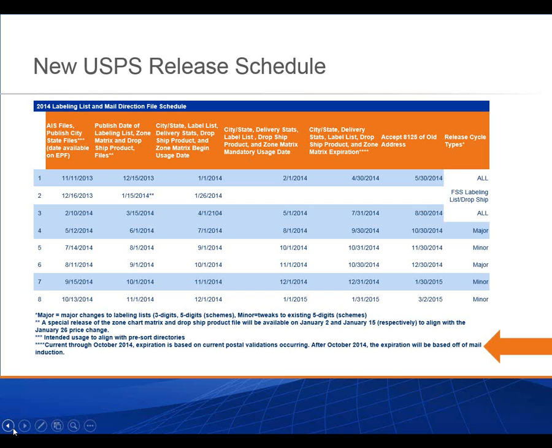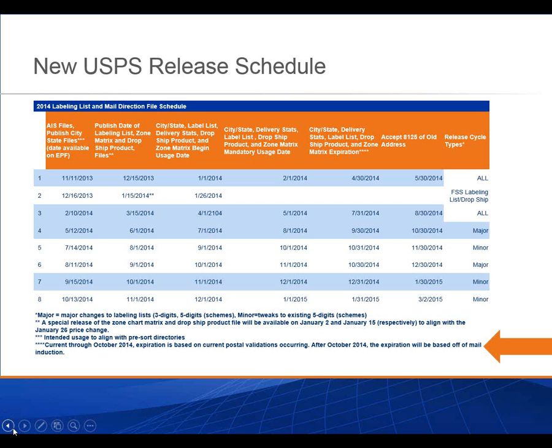The original July release has now slid from July to August/September. They deployed the new Postal One release on August 24th, and it goes into effect on September 7th.